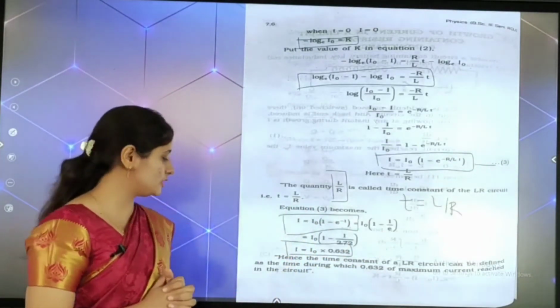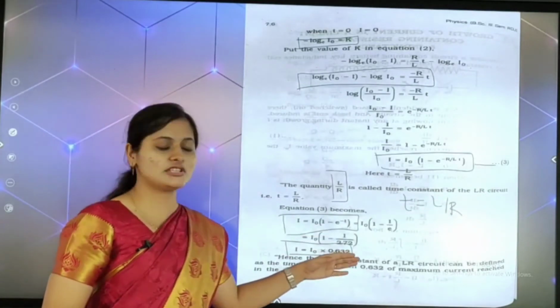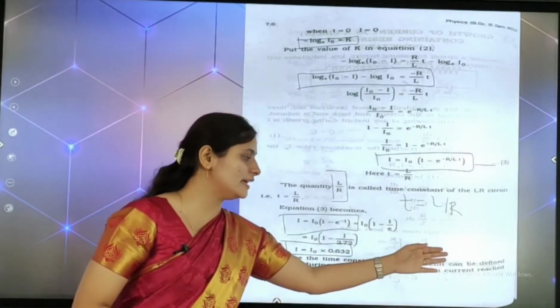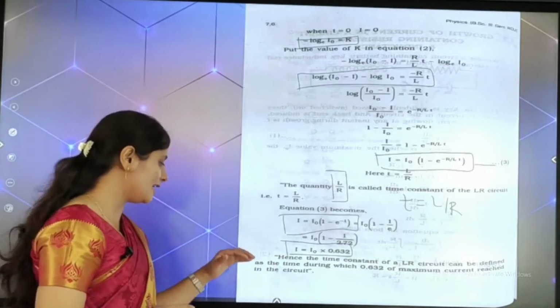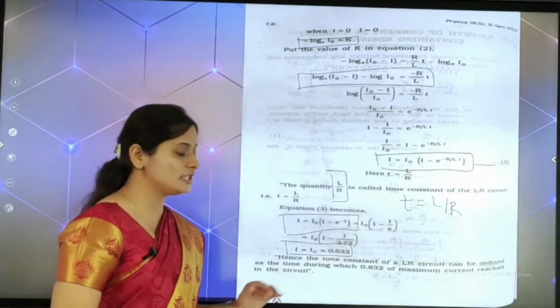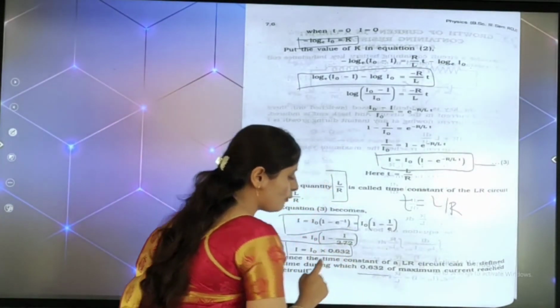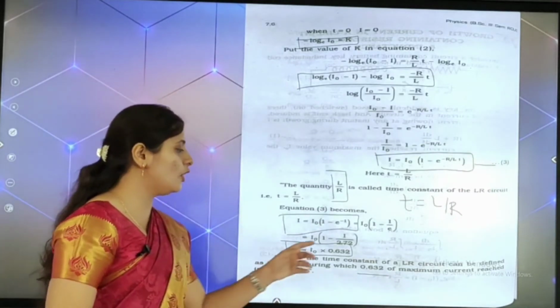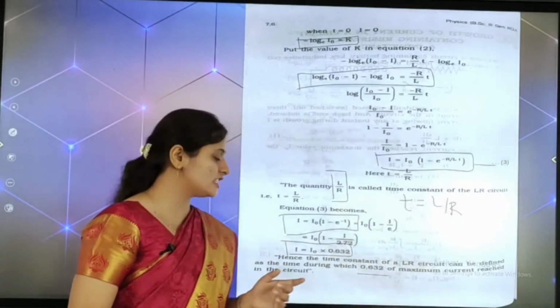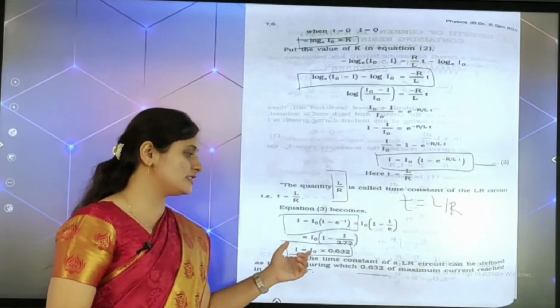So again, the conclusion. What is the conclusion? Hence the time constant of an RL circuit can be defined as the time during which 0.632 of the maximum current is reached in the circuit.